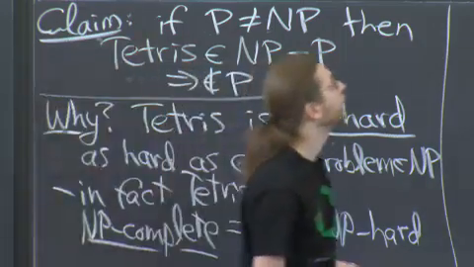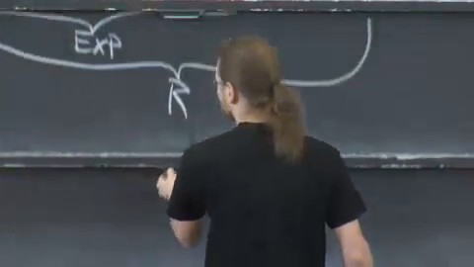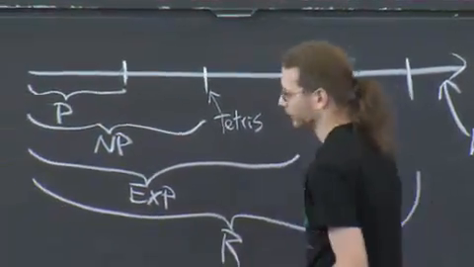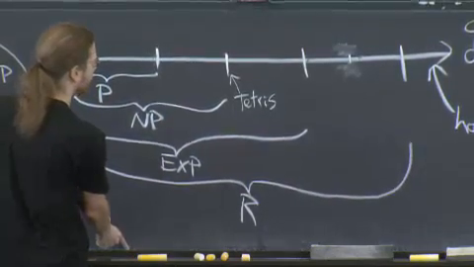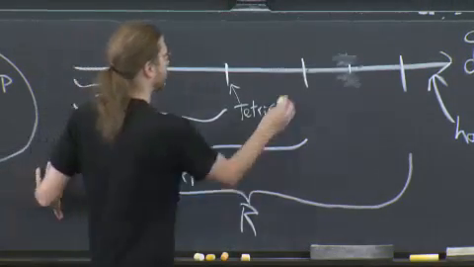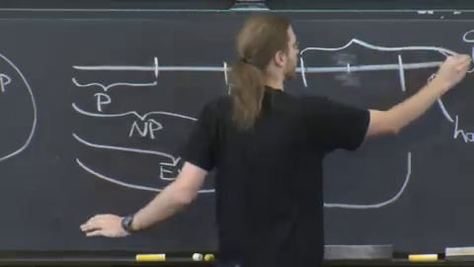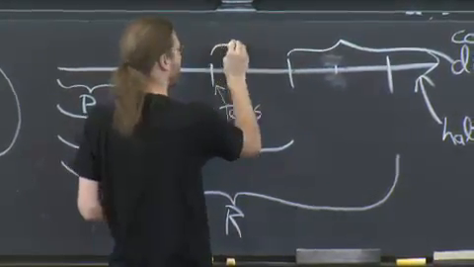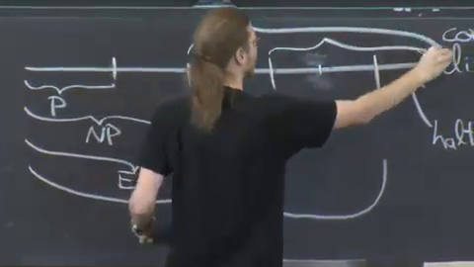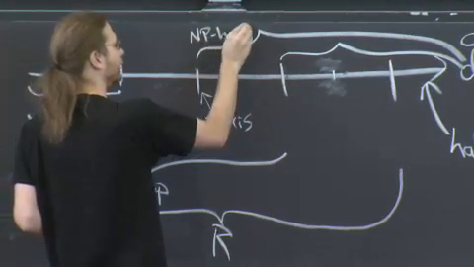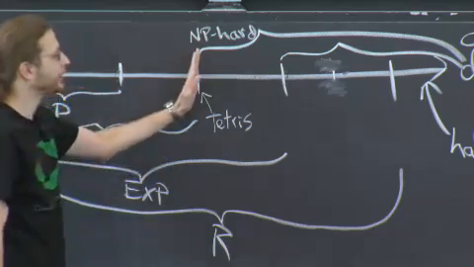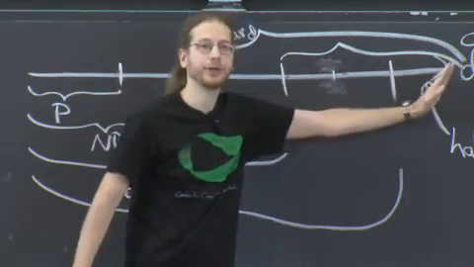Let me draw on the picture here what this means. So I'm going to draw it on the top. This is NP hard. Everything from here to the right is NP hard.